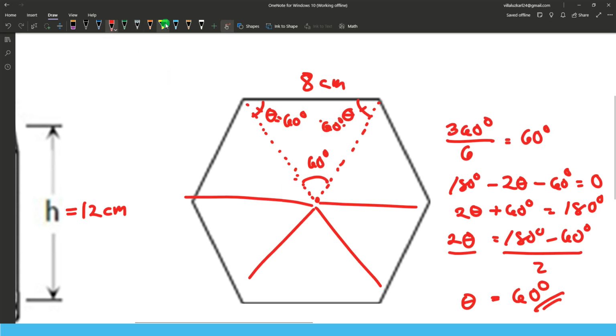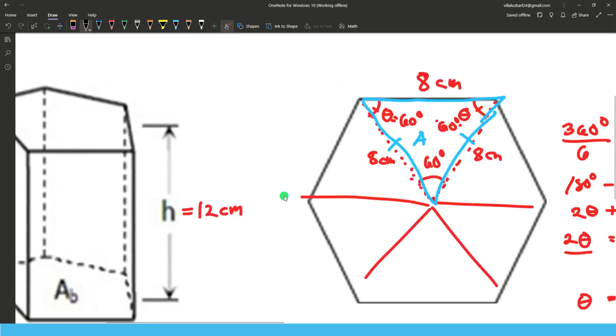So this triangle is an equilateral triangle, which means all of the sides are equal also. If the interior angles are equal, their opposite sides are also equal. So that's 8 centimeters, 8 centimeters. To compute the area of the base, just compute the area of a single triangle and multiply that by 6.